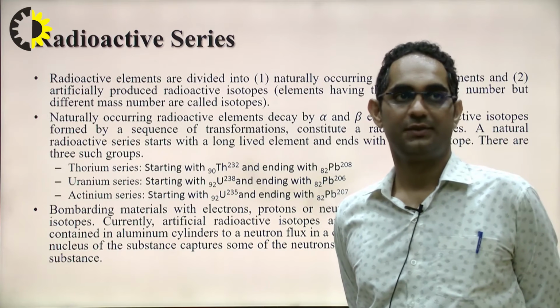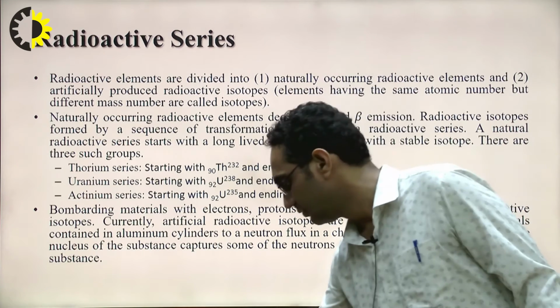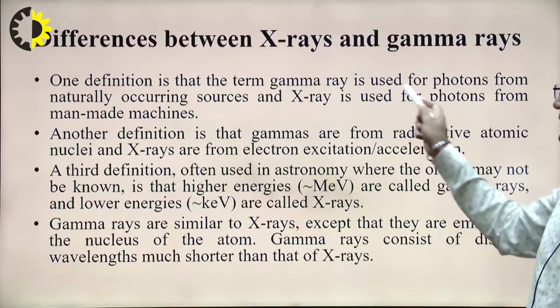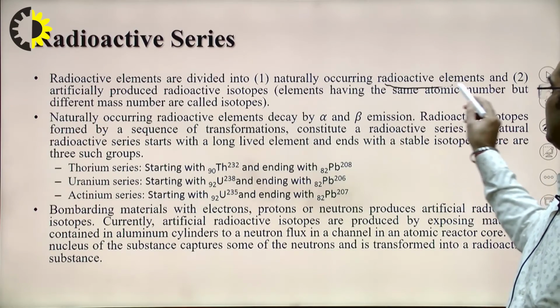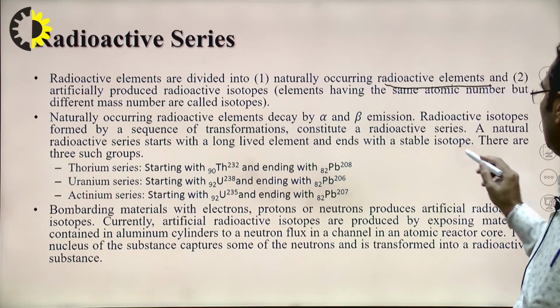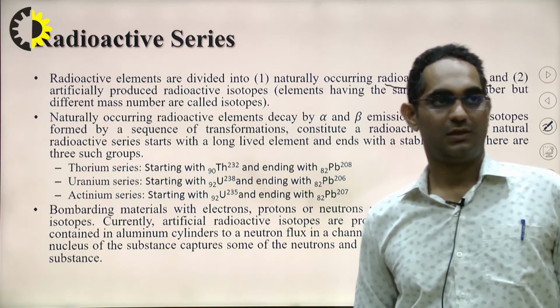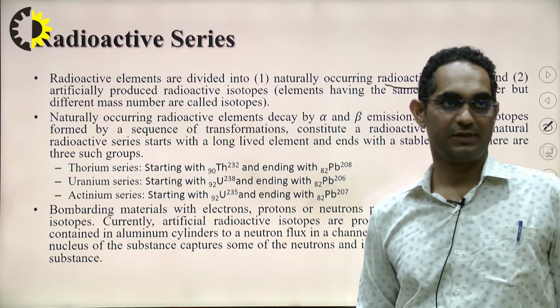Radioactive elements are divided into two parts: naturally occurring radioactive elements and artificially produced radioactive isotopes.